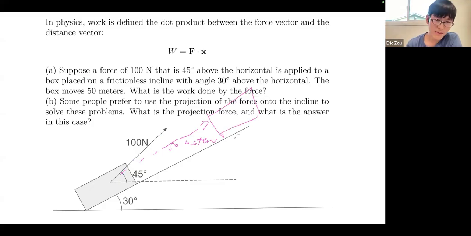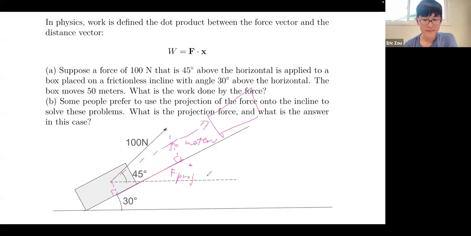And in part B, some people like to use the projection of the force. Maybe I should explain that. So let's say the arrow I drew already is the force that's not projected. And the projected force is where these are all 90 degrees. And this is our force projection. Maybe I should call it F proj.